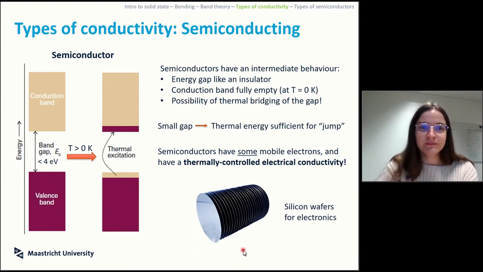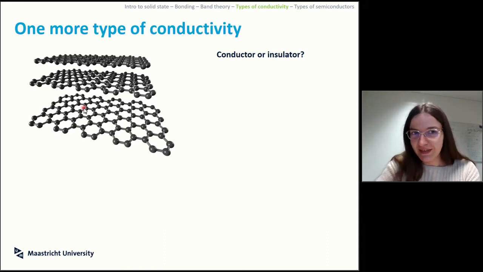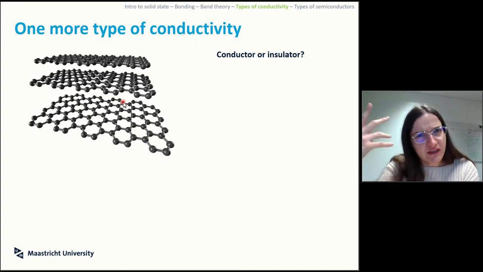This is the case, for instance, for something like a silicon wafer. Then you have one more type of potential conductivity, which is a material like this, and you should remember what type of material takes this arrangement. Think about it. Now the question here is: is this thing a conductor or an insulator? We show the band as big blocks, big rectangles, but this is not strictly accurate.